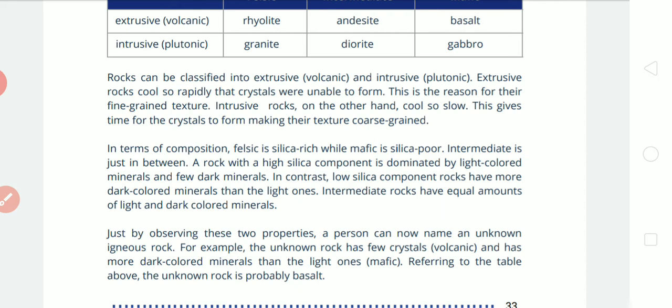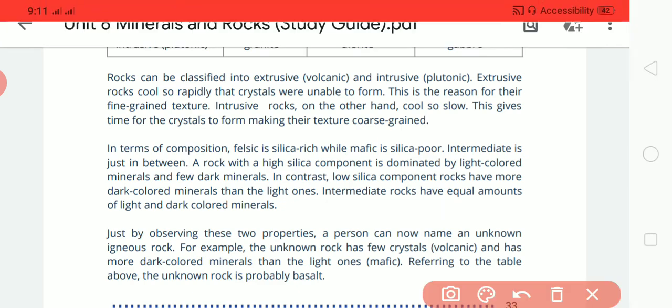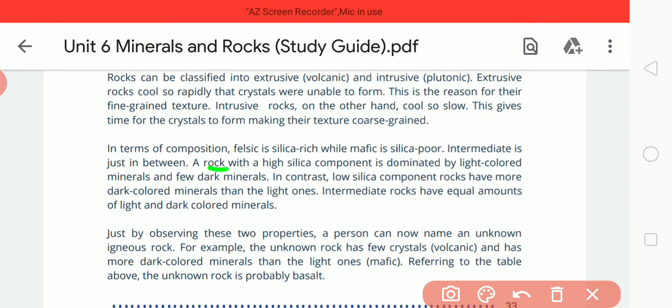In terms of composition, felsic is silica-rich while mafic is silica-poor. Intermediate is just between. A rock with high silica is dominated by light-colored minerals and few dark minerals, which is why it belongs to the felsic composition.